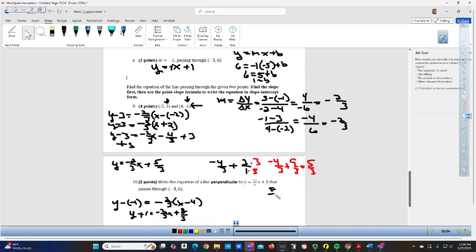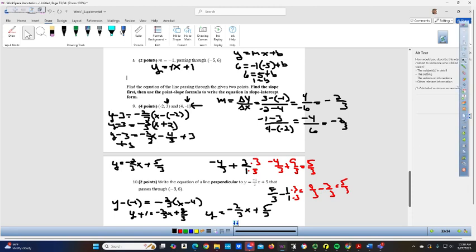So 8/3 minus 1/1, which again, I have to get the common denominator, which is going to be 8/3 minus 3/3. It's going to give me the same 5/3, right? So again, y equals -2/3 x plus 5/3. So I'm getting the same answer, regardless of the point that I use.